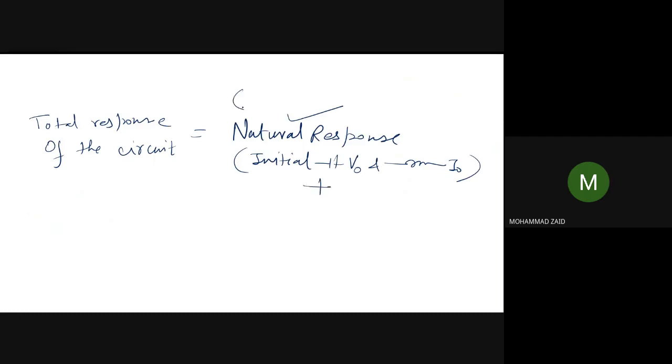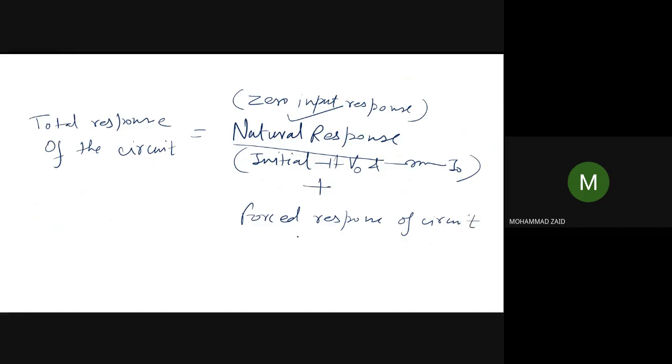Natural response is also known as zero input response. That means the external input has no role to play in deciding the natural response. The second is the forced response of the circuit.